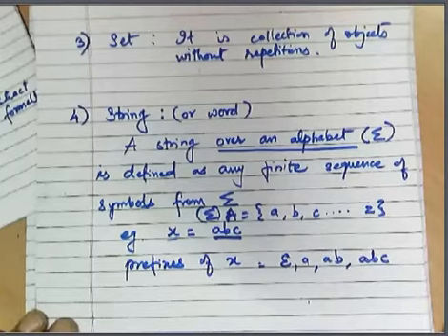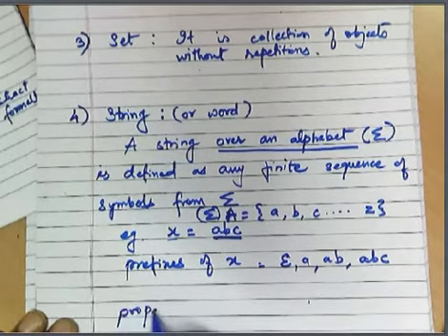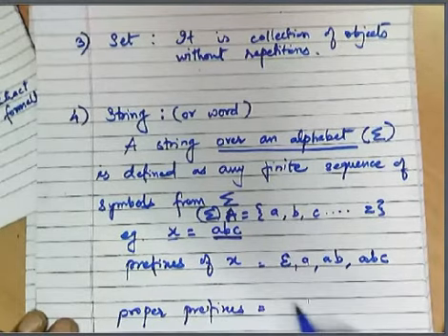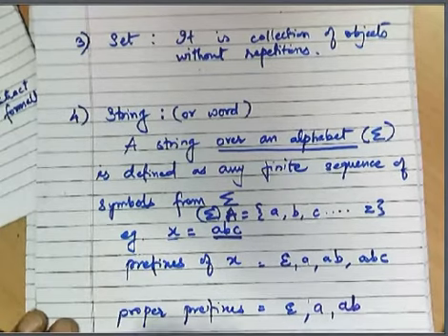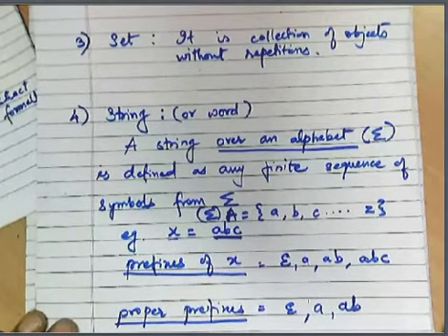All are the prefixes of the string ABC, and proper prefixes will be the empty string, A and AB. Okay, so in this way we define the string.